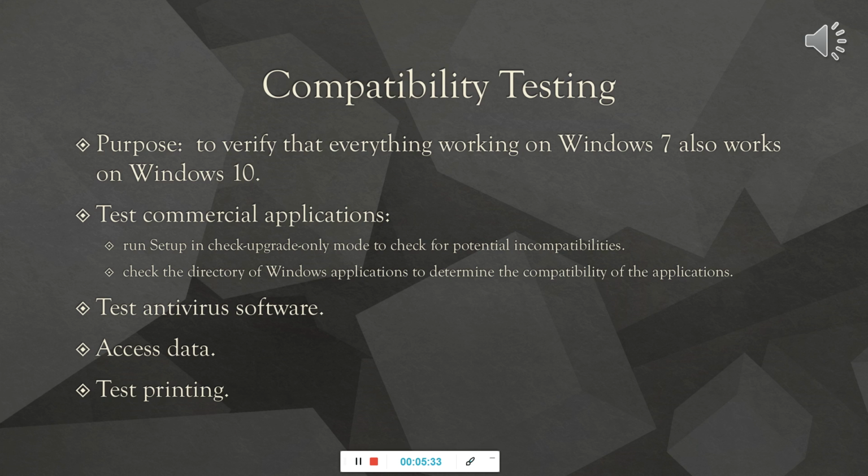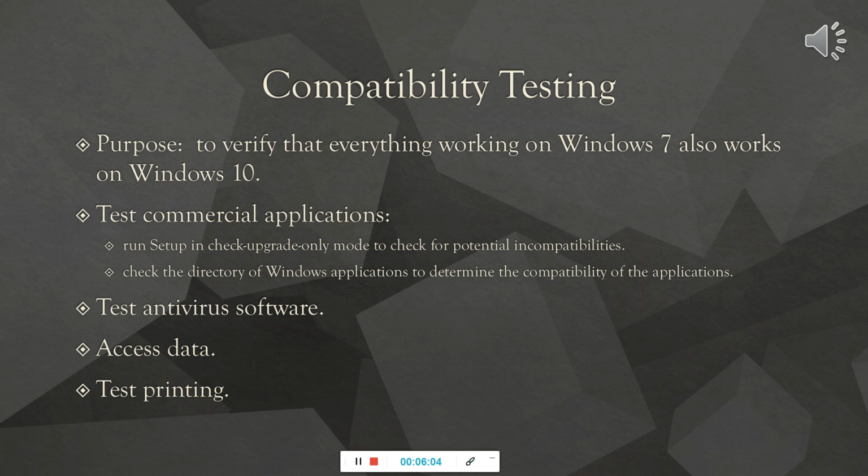The first step was to run setup in check upgrade only mode to check for potential incompatibilities. When I ran setup in this mode, Windows checked the installed software against a list of applications known to be incompatible and logged any that it found.